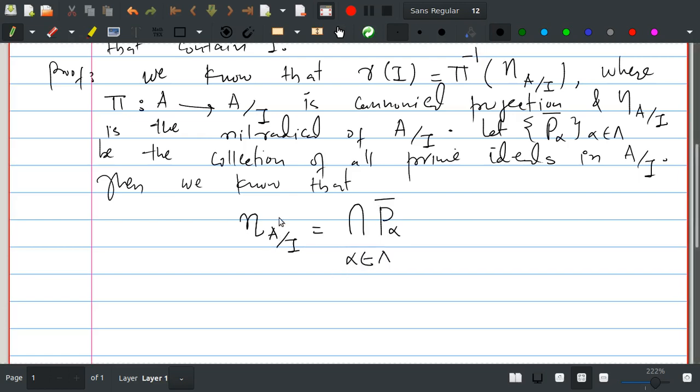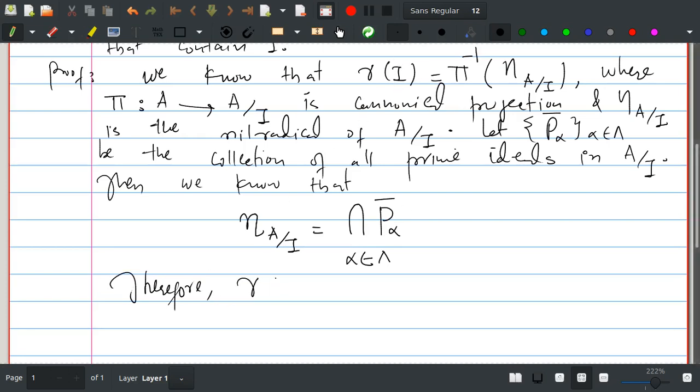I mean the nil radical of A mod I is the intersection of all prime ideals in A mod I. So therefore, now we are going to use this.